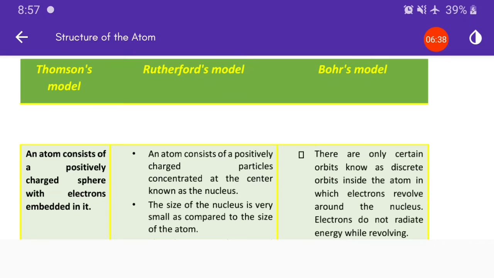The size of the nucleus is very small as compared to the size of the atom. In the Bohr model, there are only certain orbits known as discrete orbits inside the atom in which electrons revolve around the nucleus. Electrons do not radiate energy while revolving. So Thomson's model explained the positively charged sphere with electrons embedded, Rutherford model explains the nucleus at the center, and Bohr model explains electrons revolving in discrete orbits.